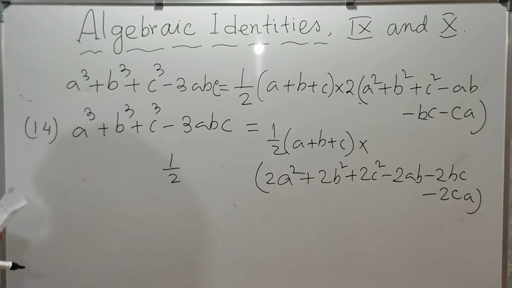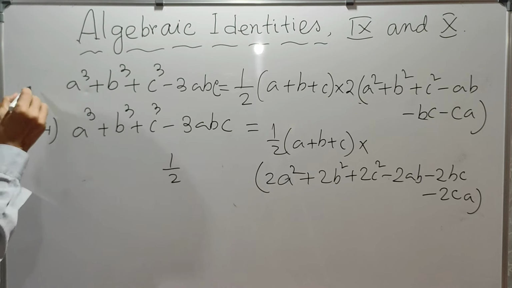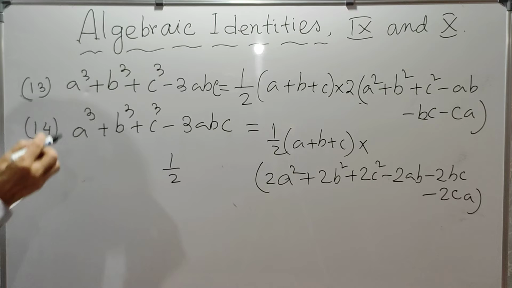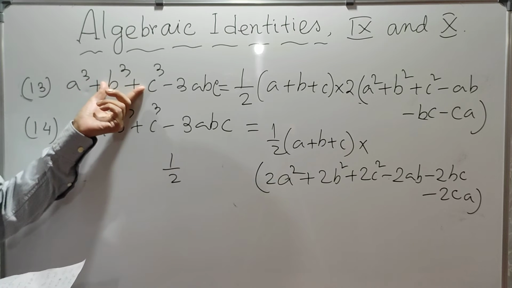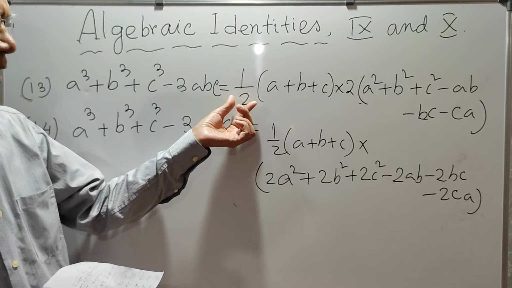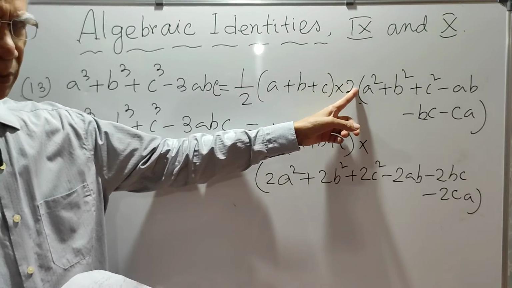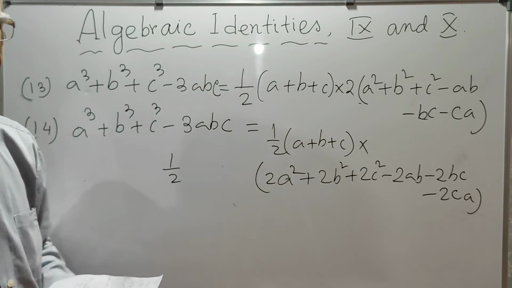So this was the 13th identity; we multiplied by half and multiplied by 2, so the value remains the same, isn't it?